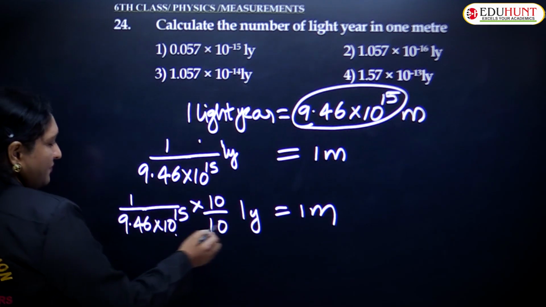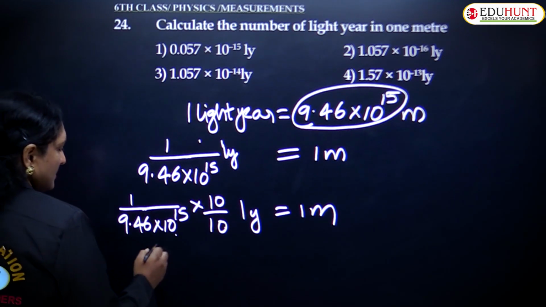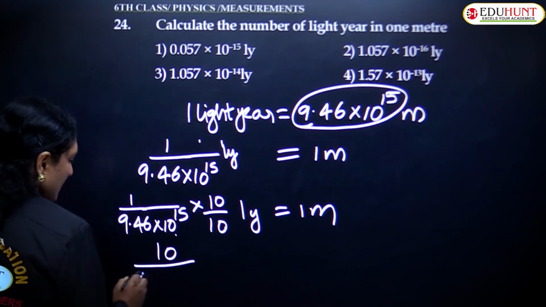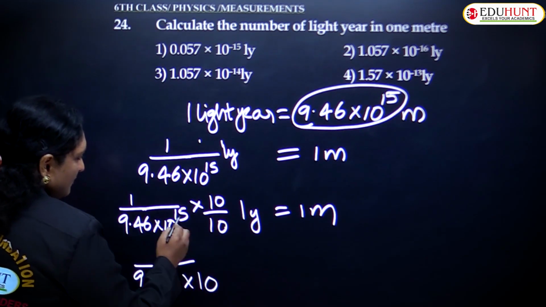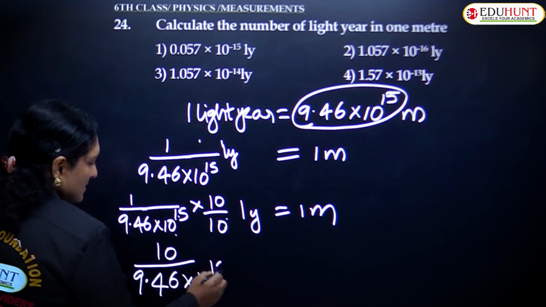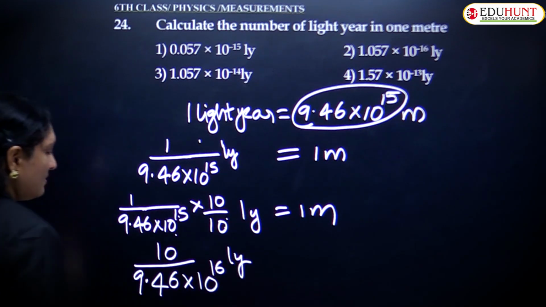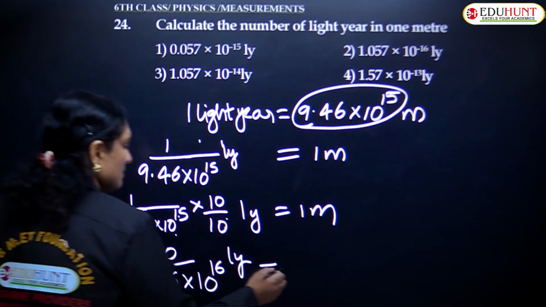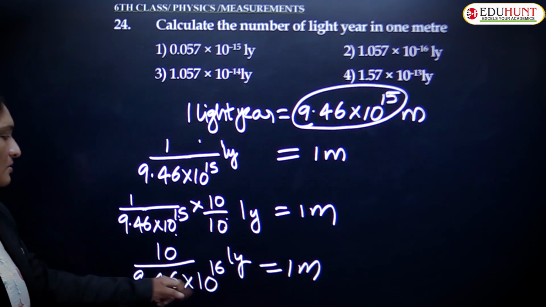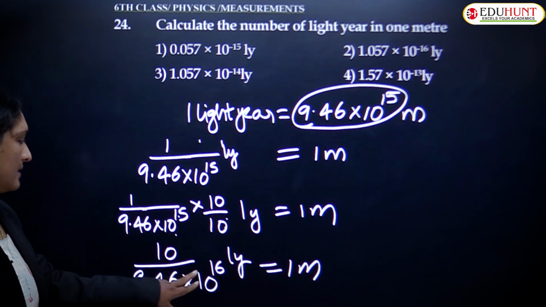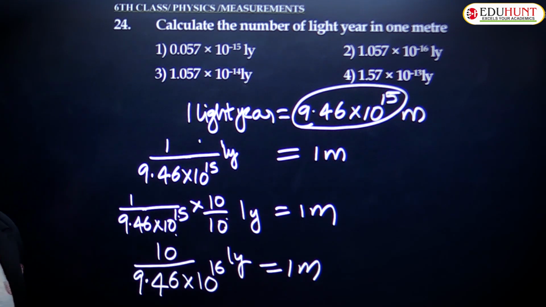This 10 power 15 into 10 is 10 power 16. So 1 meter is equal to 10 divided by 9.46 into 10 power 16 light years.